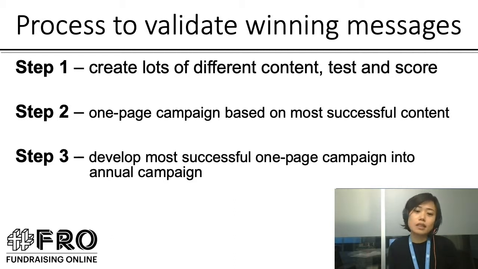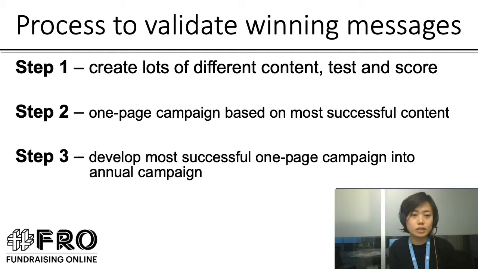They take the most successful content from step 1 and move into step 2, which is the one-page campaign. This is where they create quick landing pages and then add some low-cost ads to drive donations. They continue to measure click and donation rates at this point.